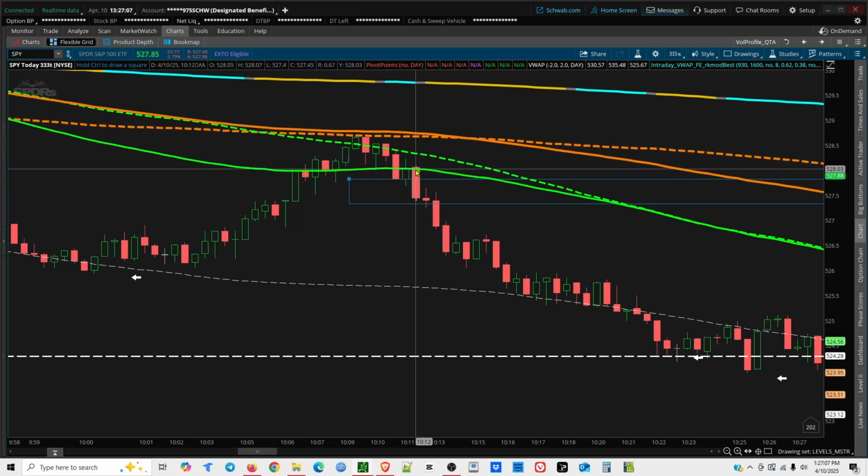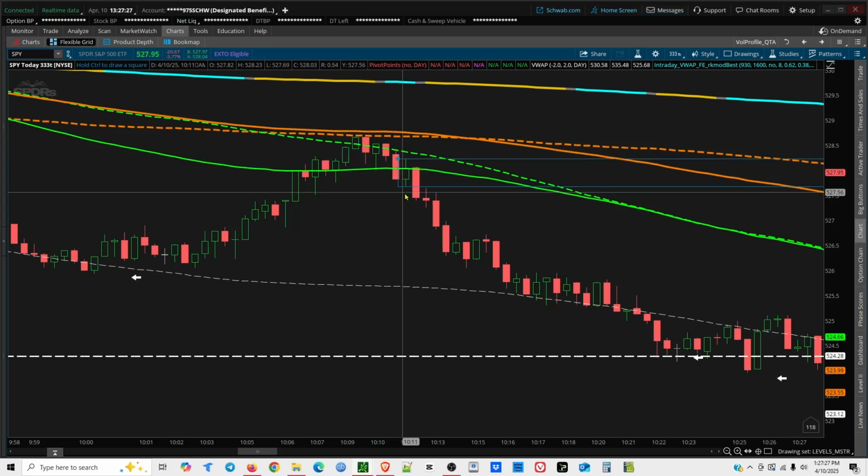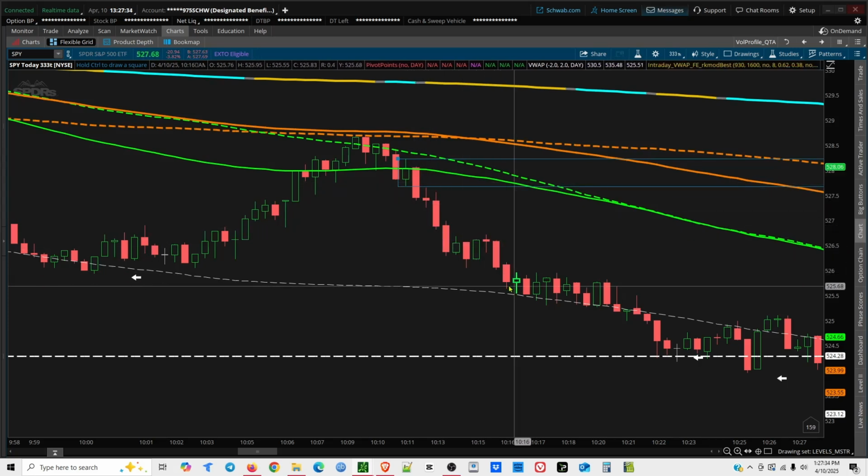And then on this candle right here, you have the beginnings of the explosive move downward. So it's the beginning of this candle right here. So you take this box and you wrap it around the previous candle. It's that previous little candle just before the explosive move in the opposite direction.